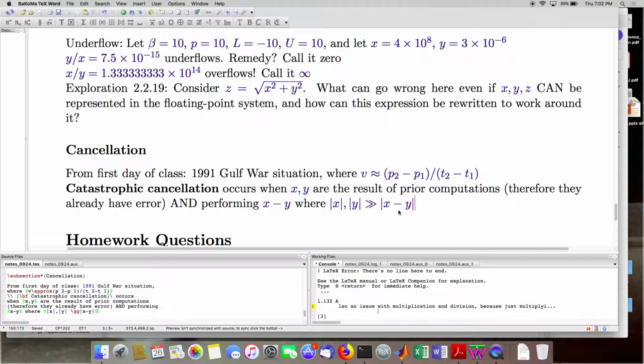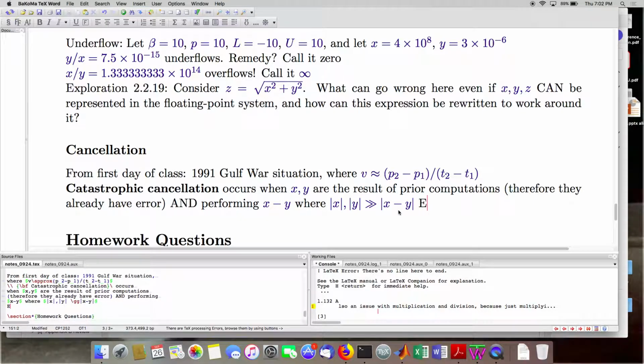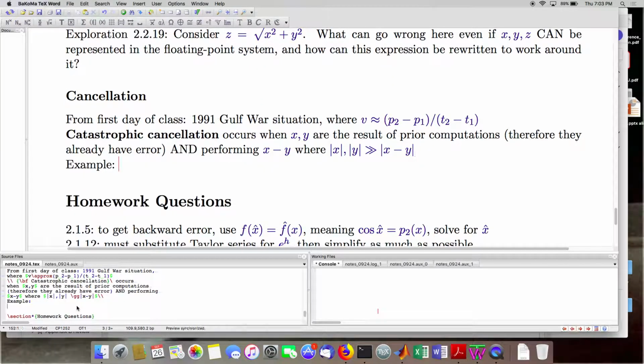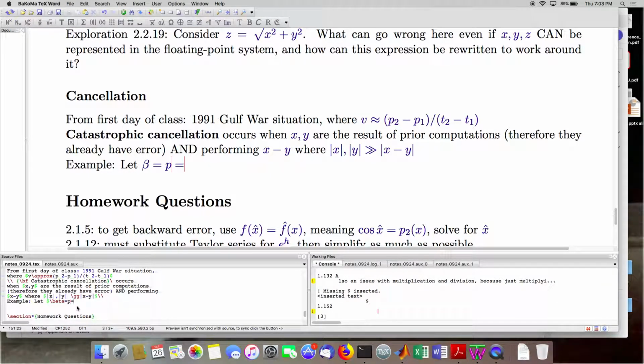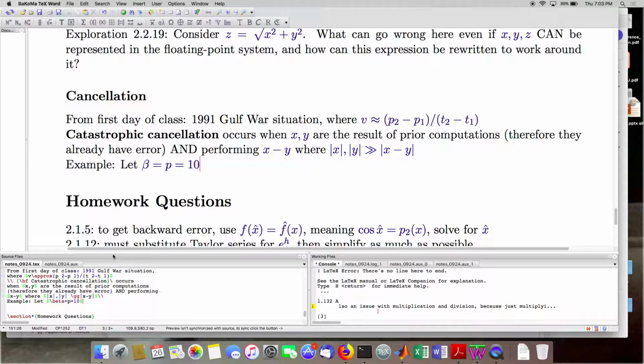To give you an example of why this is a problem, I'm going to make up two numbers. Let's suppose, as usual, the decimal system, 10 digits.